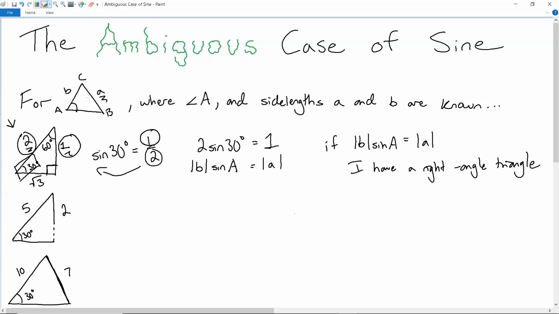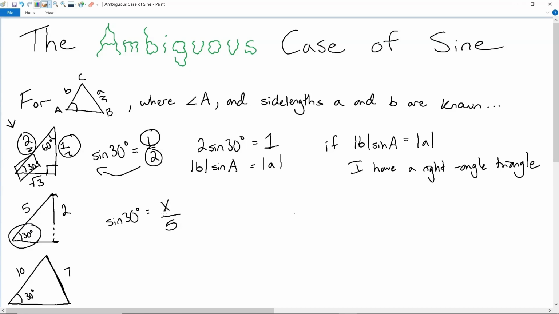But what if the side length a is quite a bit shorter compared to the ratio? And what I mean by that is, if I look at the second triangle down here, if I were to try and set up the sine ratio for this angle, and solve for what this side length should be, it would look like opposite over hypotenuse.